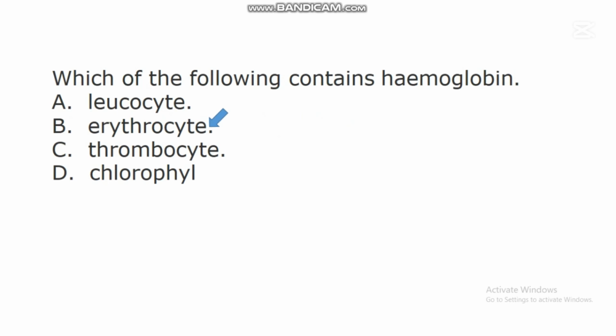Erythrocyte is the red blood cell found in an animal. So studies have shown that the red blood cell contains a red pigment known as hemoglobin. This hemoglobin is not found in any other blood cell apart from this blood cell known as erythrocytes.